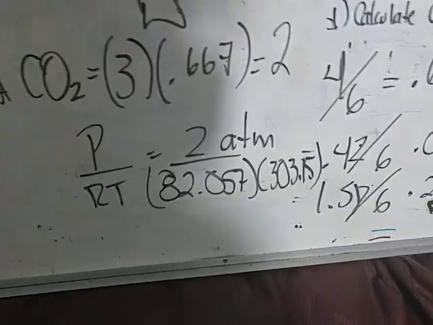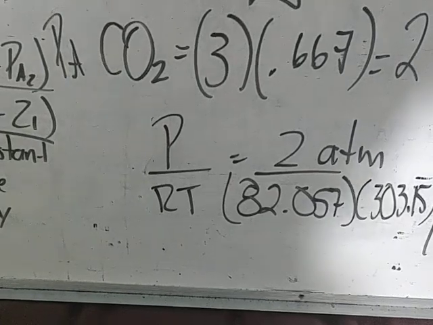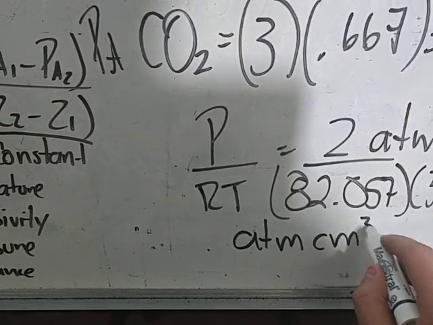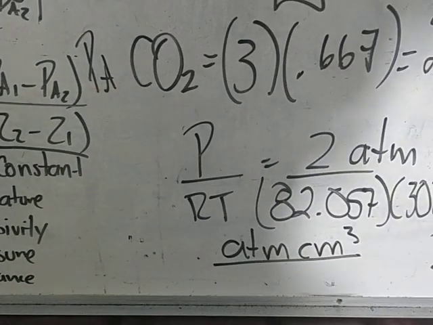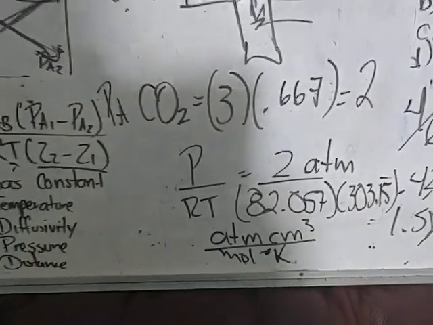If I consider those amounts, what happens? My result is going to be given by what? Well, first of all, the units are going to be atmosphere, cubic centimeter, mole, and Kelvin degrees.